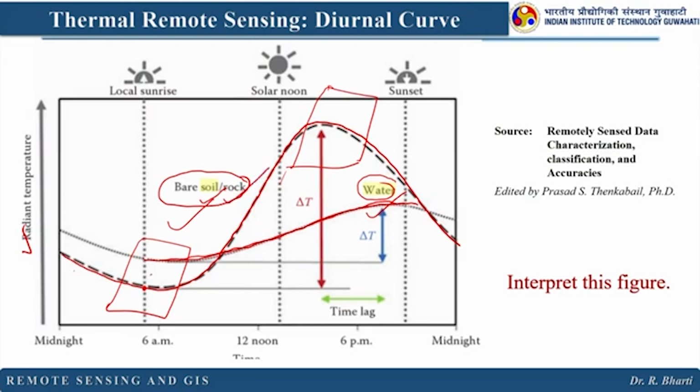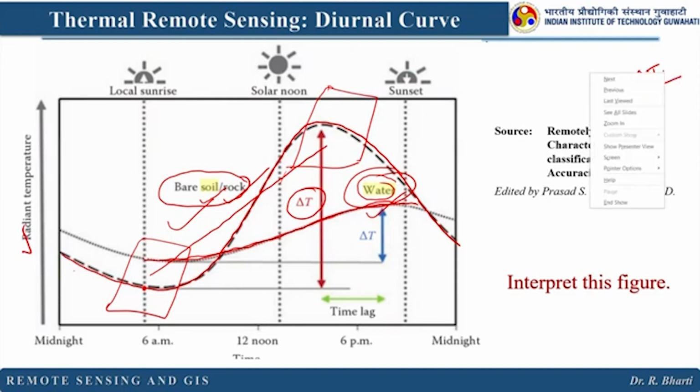So here you can easily find out what is the delta T. The same you can also do for water, and you can easily find out the temperature difference between day and night. This can tell you whether the material has the capacity of holding the temperature or not, right?